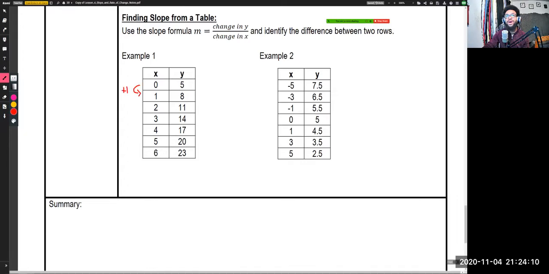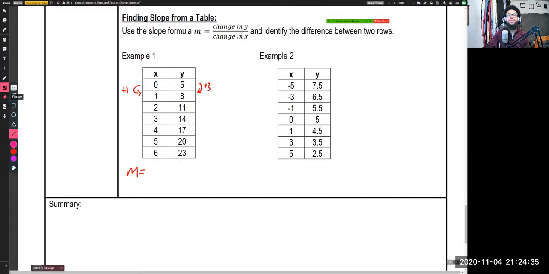And then for our y, to go from 5 to 8, the only way we can get there is to add 3. And then to check, let's go 8 to 11. The difference between those is just going to be 3. And so when we go to do our slope, our m is going to be equal to, oh, shoot, y'all.